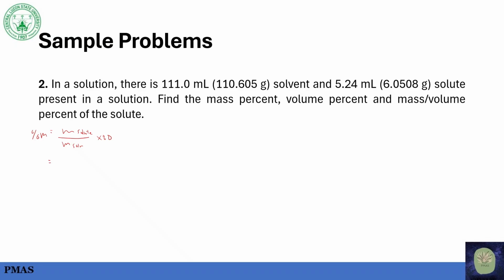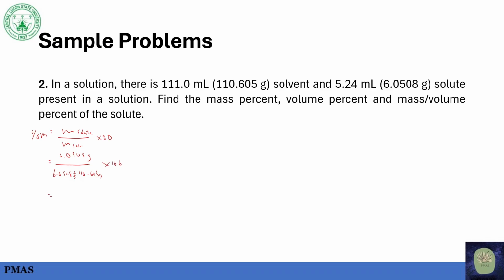The mass of the solute is 6.0508 grams, divided by the combined mass of solute and solvent, 6.0508 plus 110.605 grams, multiplied by 100.